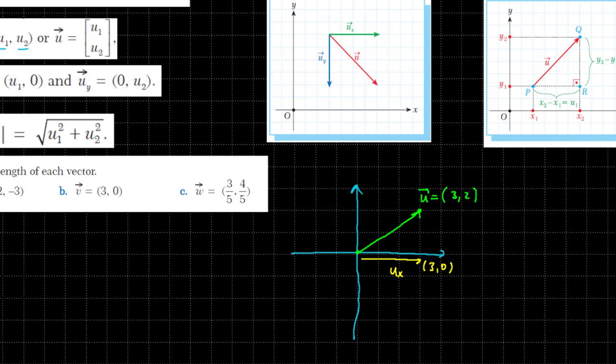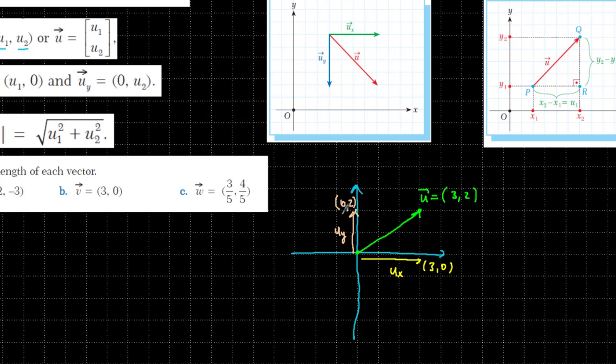The second one, if I use different color here, this is the second component. This is uy, and as you see here, when you check this point, I'm talking about this point, and this is 0, 0, the position vector, so it's going to be equal to 0 and 2.